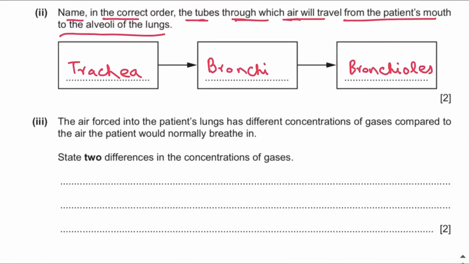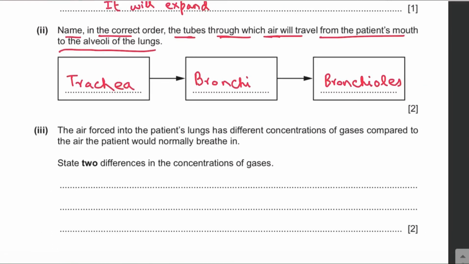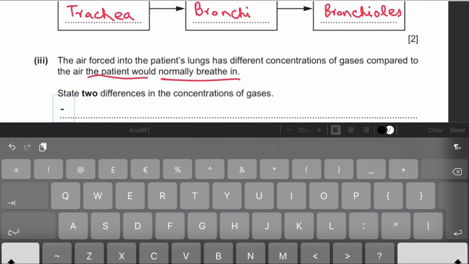So obviously, we have to write the two differences in the concentration of gases, where the differences should be in the air that is blown into the patient's lung and the air that the patient would normally breathe in. Okay. So what are the two differences? The first difference is that oxygen concentration is low.